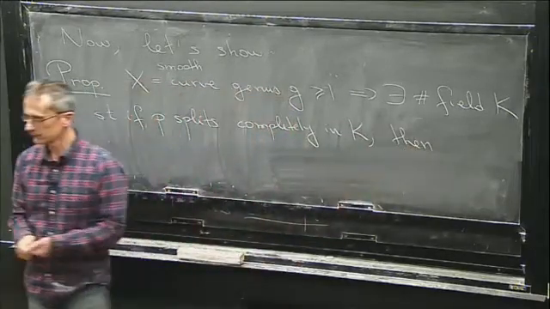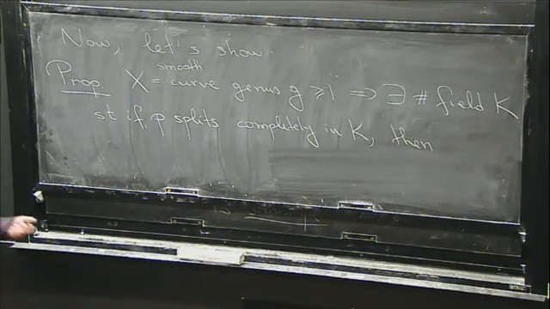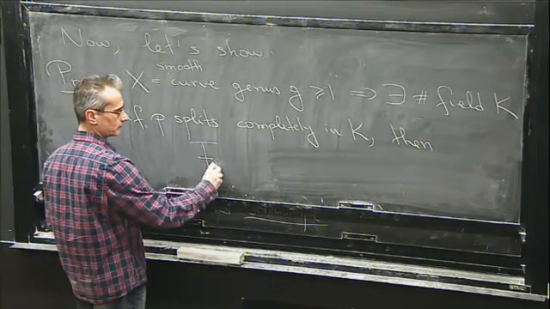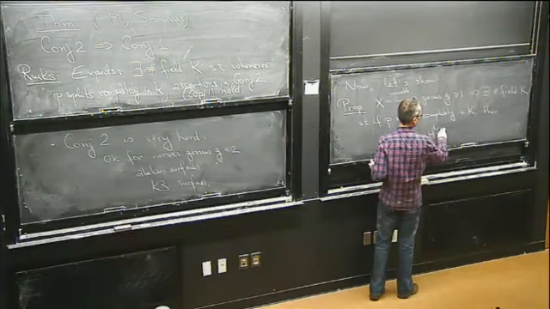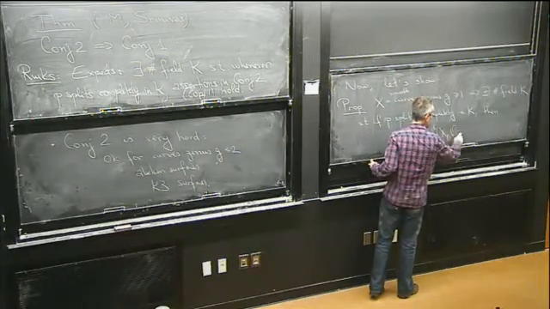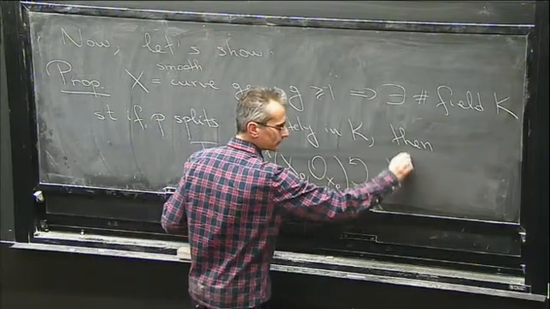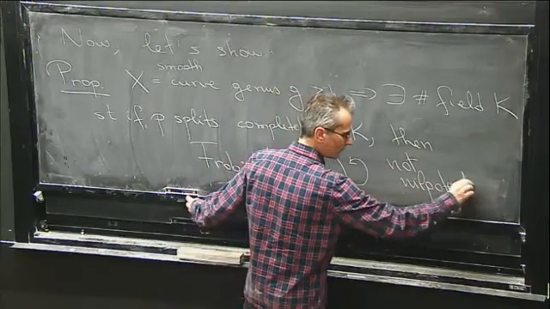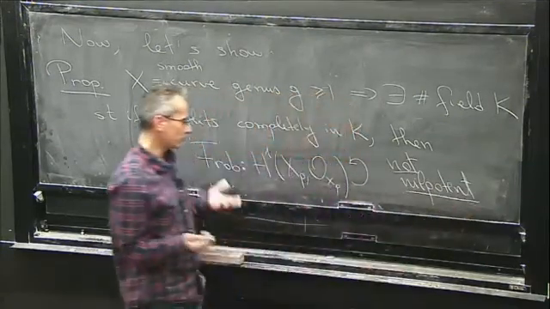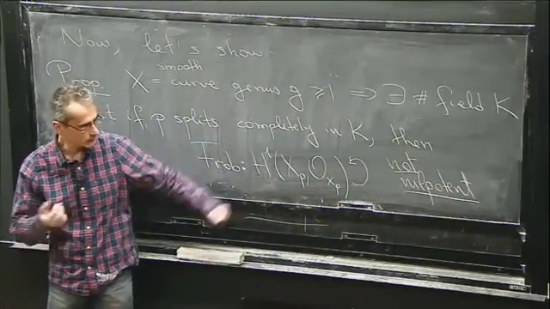The action of the Frobenius is not necessarily bijective, but at least it's not just 0. It's not nilpotent. So then the action of the Frobenius on H1 for X_p and O_{X_p} is not nilpotent. Okay, so for example, for elliptic curves, this is enough. Basically, this tells you that it's not 0, and therefore it's bijective.